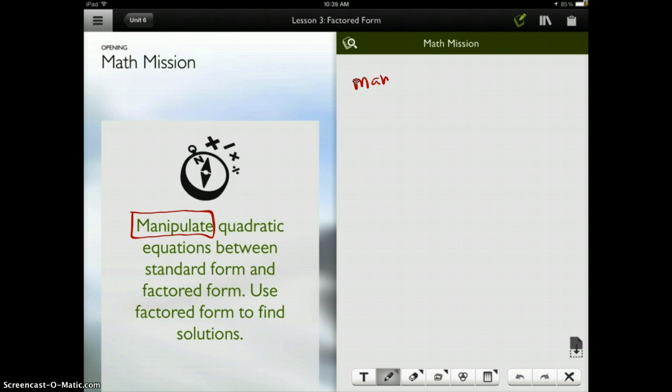What does it mean to manipulate? It's right there. I still can't spell it. Manipulate. Control? Can you elaborate on control? What else could it mean? I'm okay with control. But we need to expand that idea. What does it mean to manipulate?